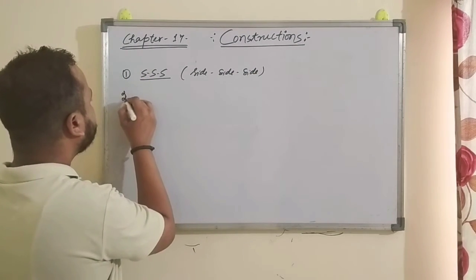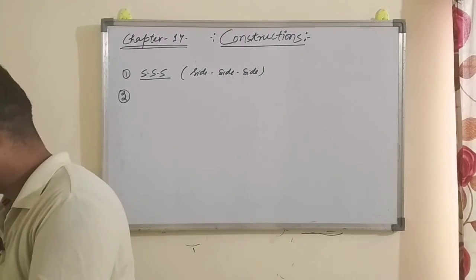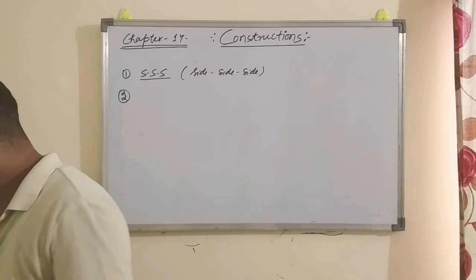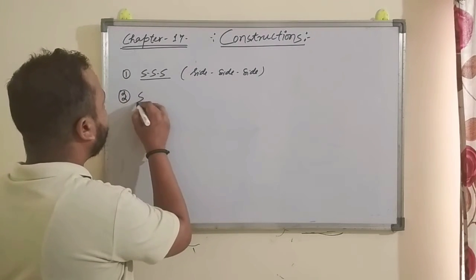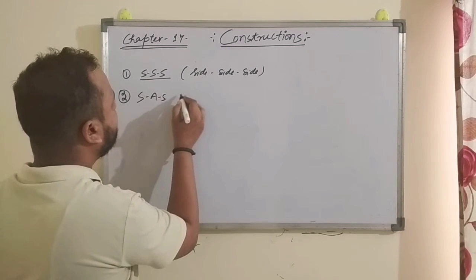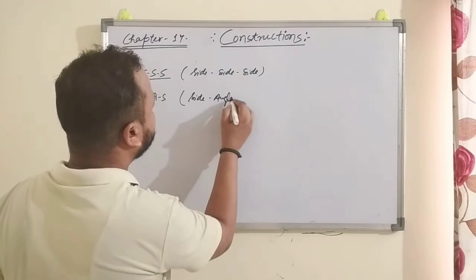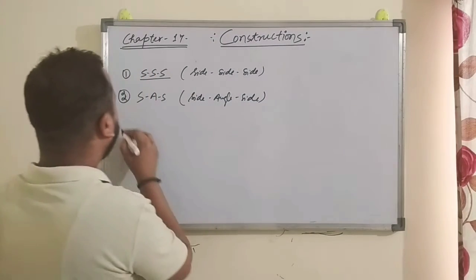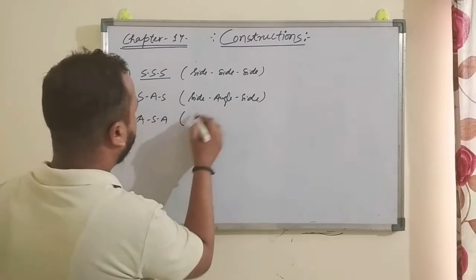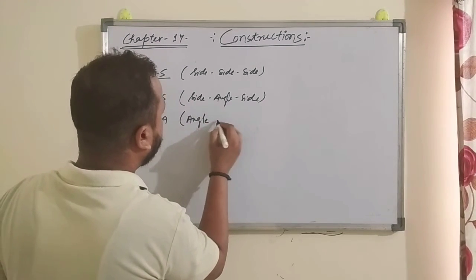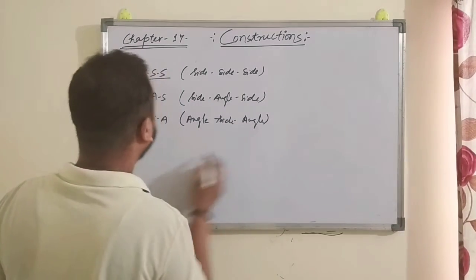Second one is SAS, where side, angle and side. And in the third one there is ASA, which is angle, side, angle.